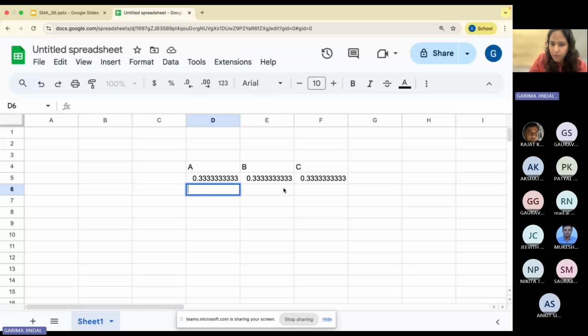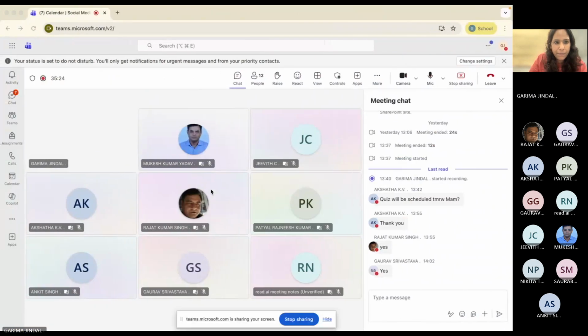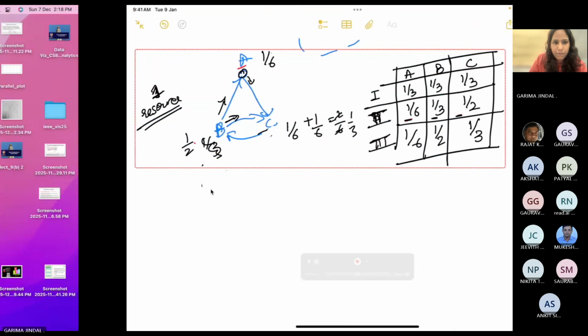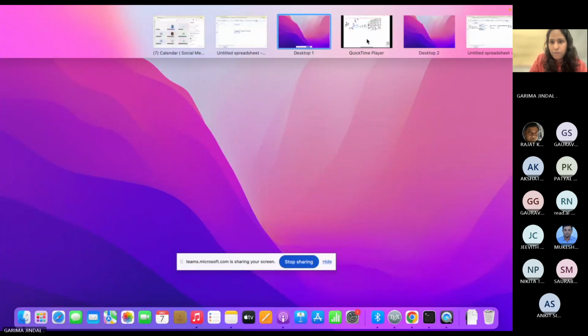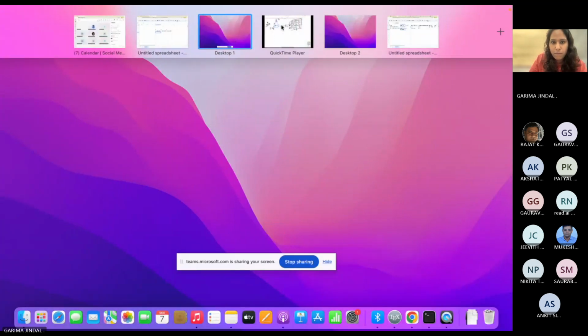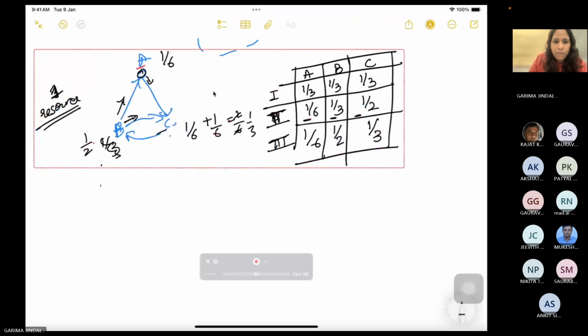Now what was the value of A? A was B divided by 2, right? The value that B was giving. The value that A was getting was always the value that B had divided by 2, right? Is it clear?